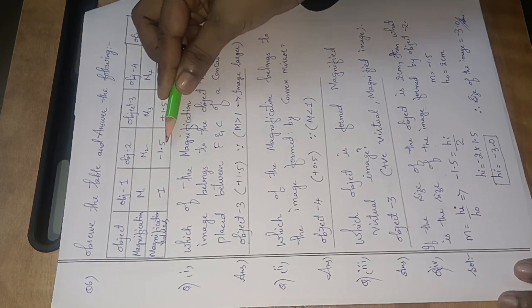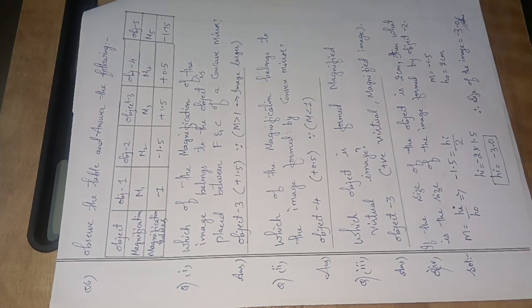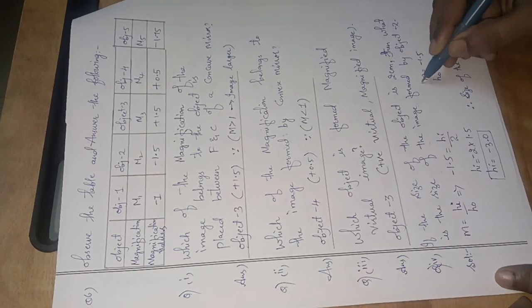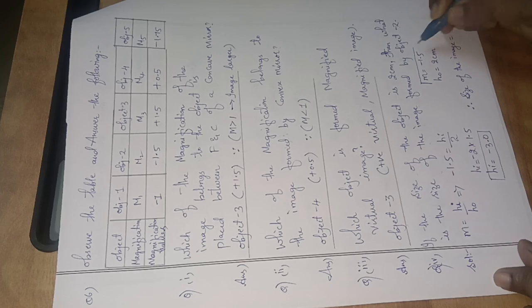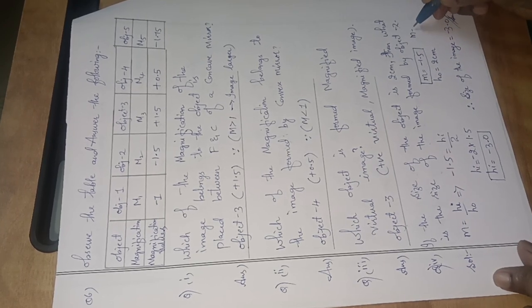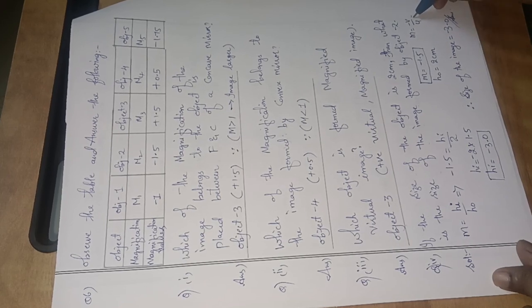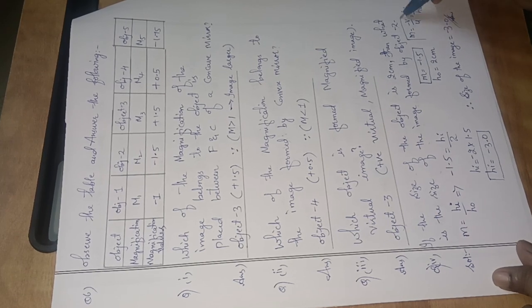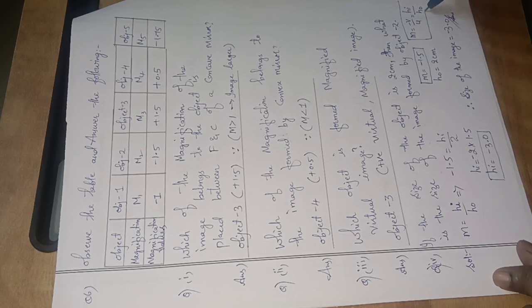Object 2 magnification you have, that is m is equal to 1.5. The magnification formula is minus v by u. So minus v by u is written as height of the image by height of the object. This is the formula of magnification.